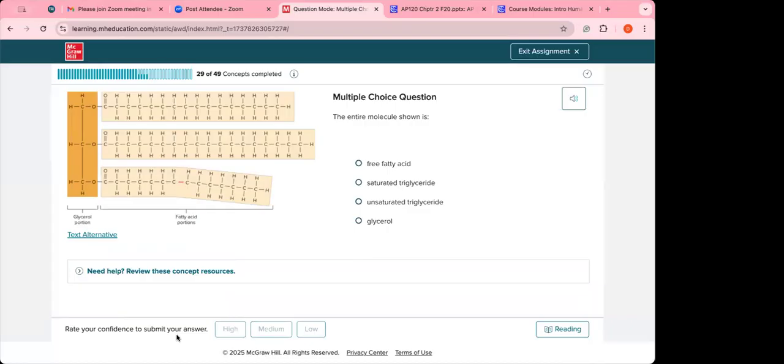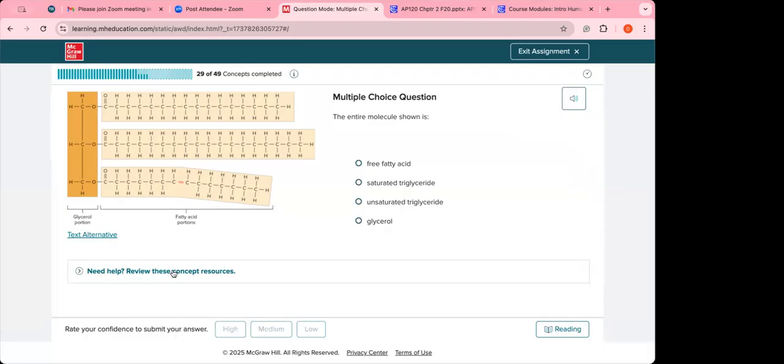Okay, so the entire molecule shown is called a free fatty acid, a saturated triglyceride, an unsaturated triglyceride, or a glycerol. Okay, so we have to look back at the book to see what we're looking at.